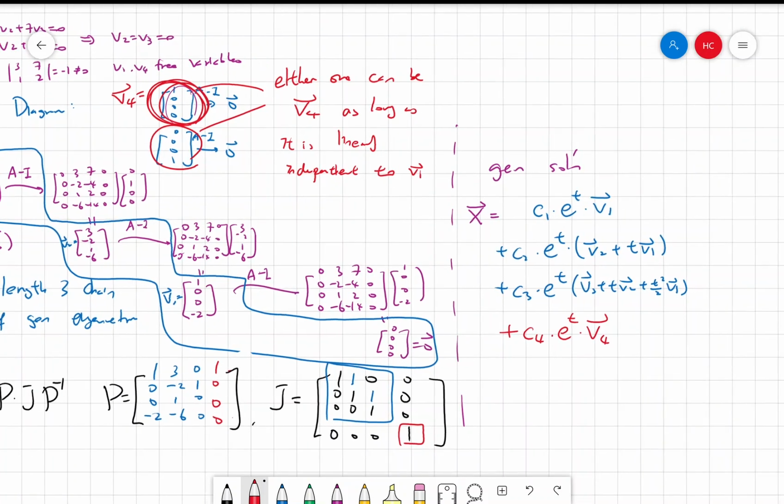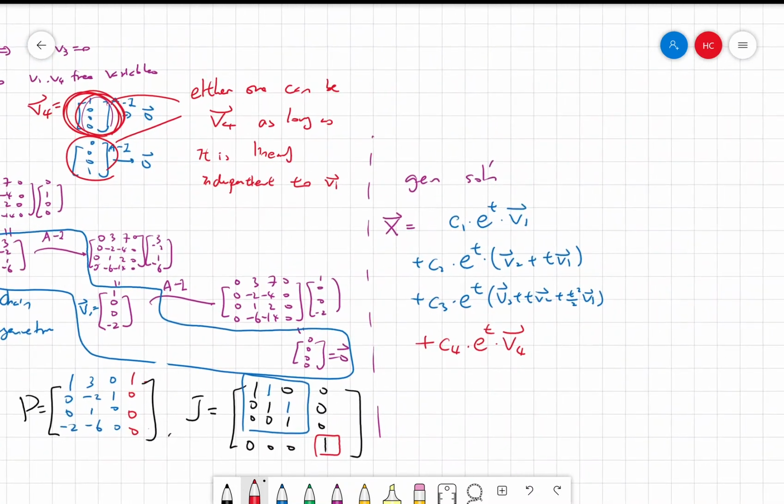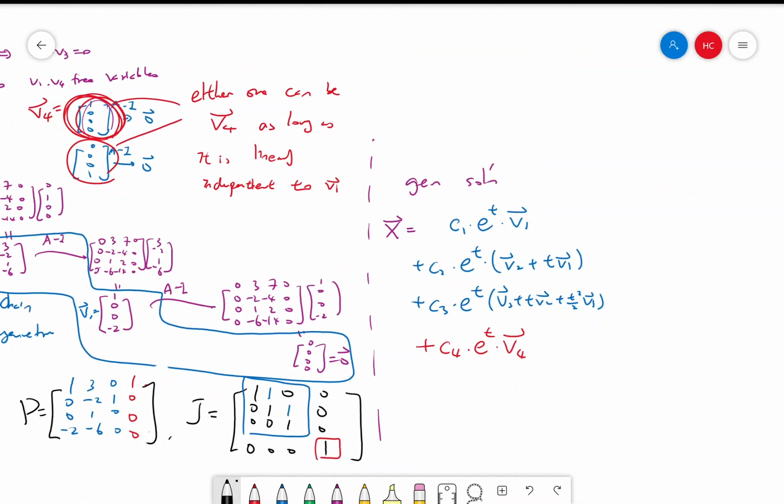If you want to write it in scalar form, we first expand the vectors, so c1 e to the t, v1 is 1, 0, 0, negative 2, plus c2 e to the t, v2 is 3, negative 2, 1, negative 6 plus t times v1, 1, 0, 0, negative 2.